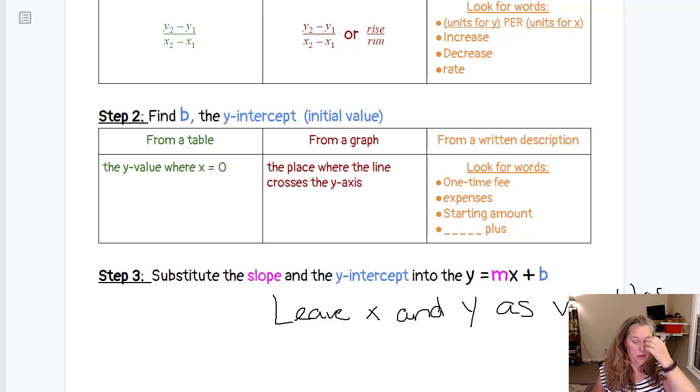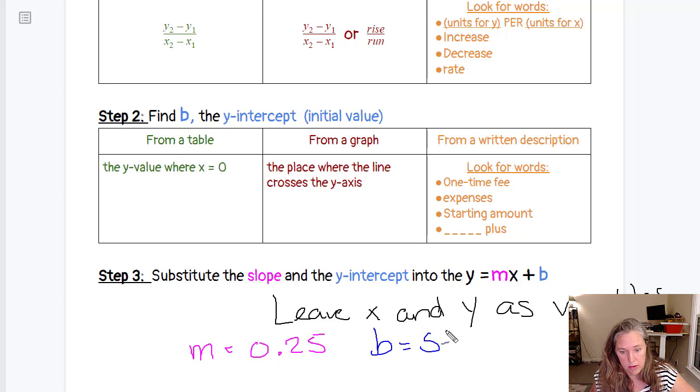So for example, in my raven and the jug, my slope was 0.25 and my starting water level was 55 milliliters. Okay, and x is number of pennies. And y is water level.